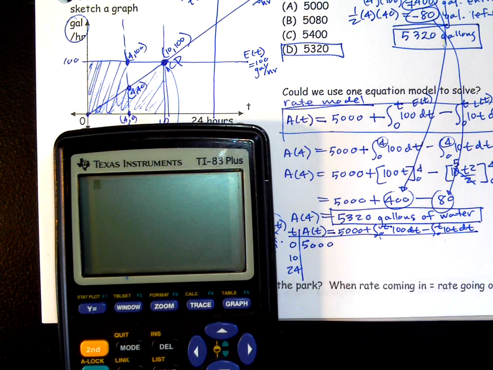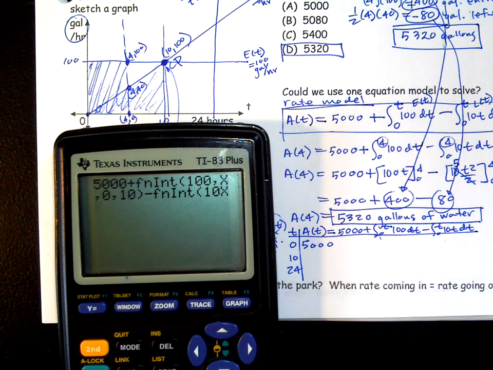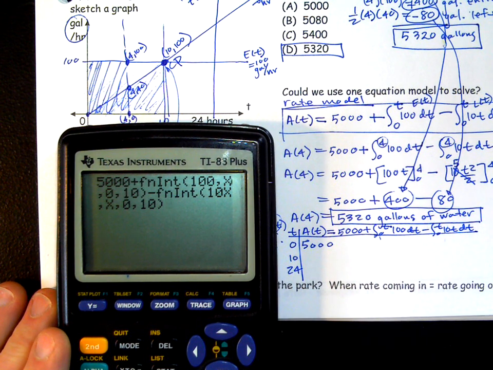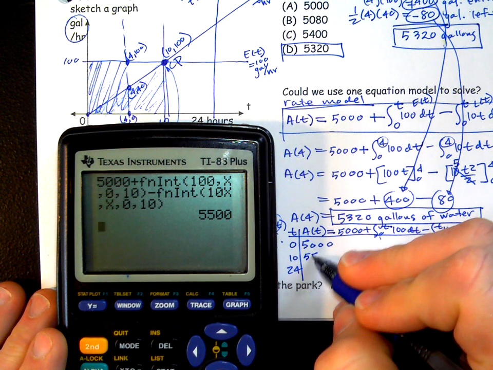So I would say, okay, 5,000 plus fnInt, 100 is the function, comma x, comma 0, comma 10, minus fnInt, and that function is 10x. We're putting x's for the t's, comma x, comma 0, comma 10. So I just plugged everything in there for 10, and I get 5,500.